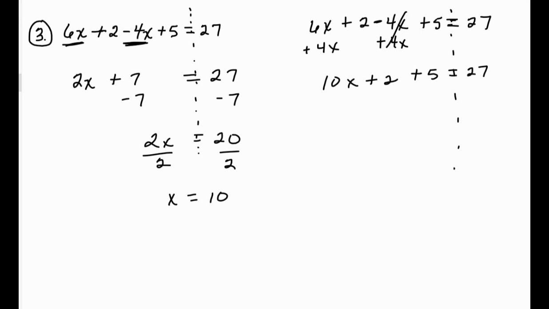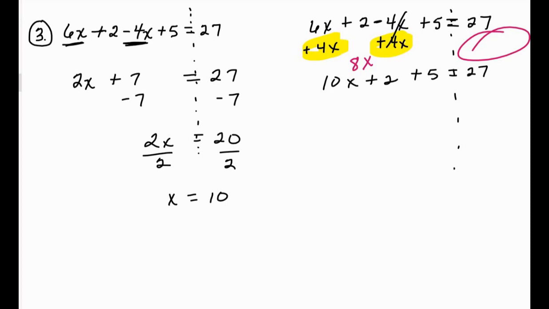Okay, what's wrong with this is that you can see here I've added 4x and 4x to the same side of this dotted line. So I've effectively added 8x to this side of the equation, and over here I've not added anything. So my equation is not equal anymore.